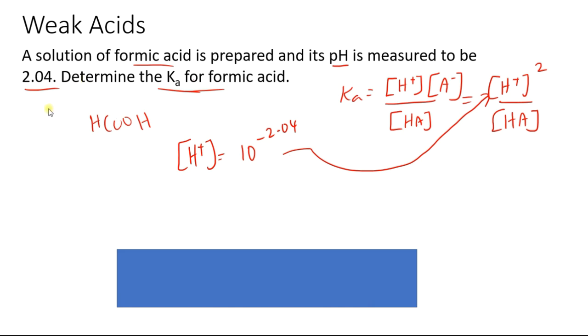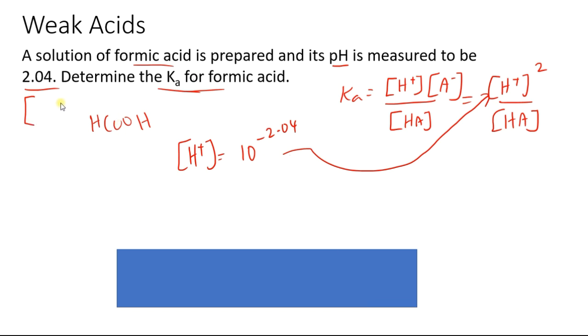One thing missing in this is the concentration of the weak acid. It's not given in the problem. I think it got missed in pasting onto this page. So we're going to have the concentration given to us.